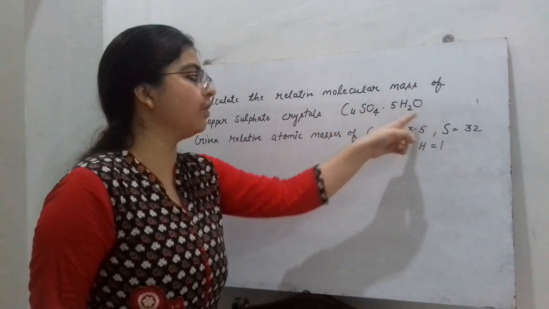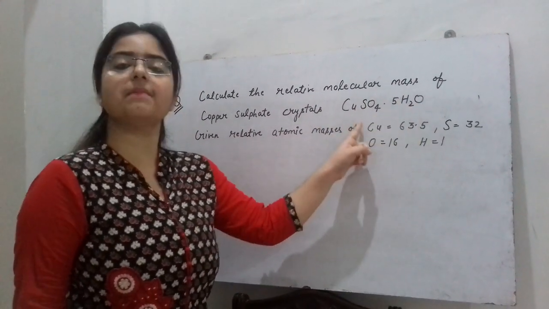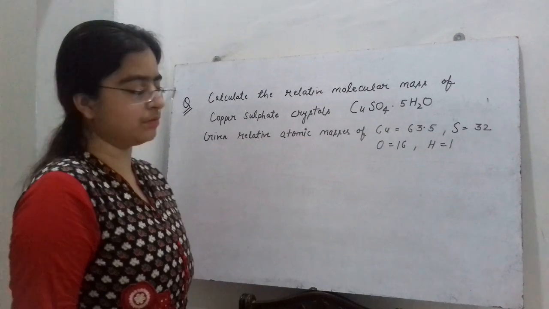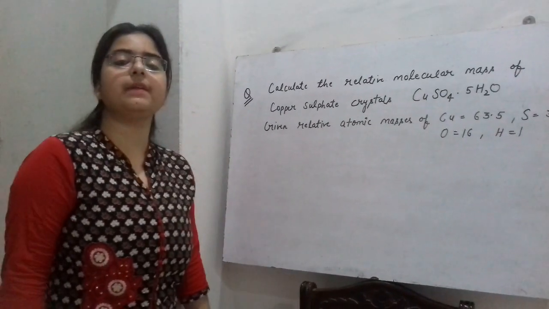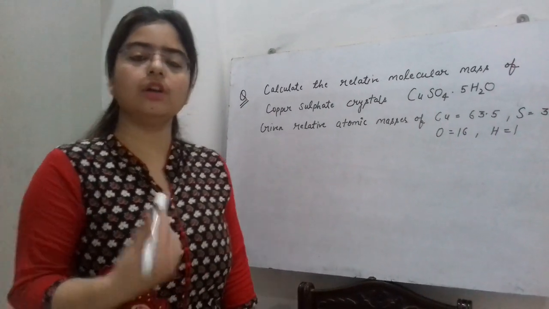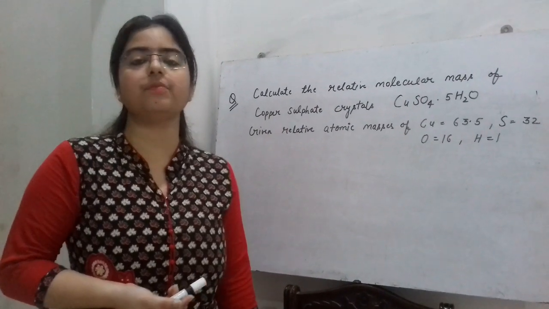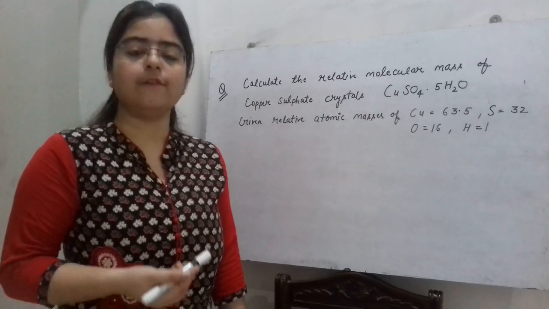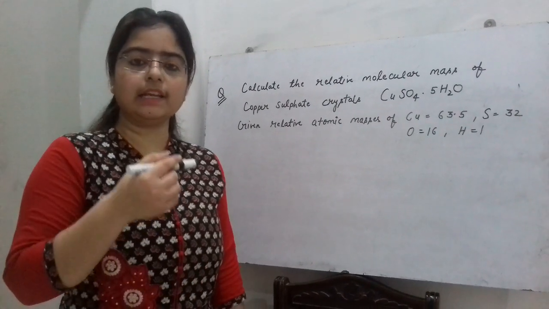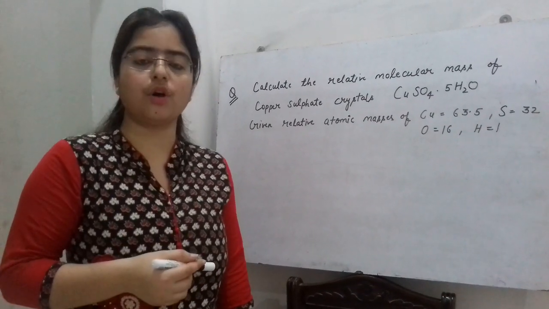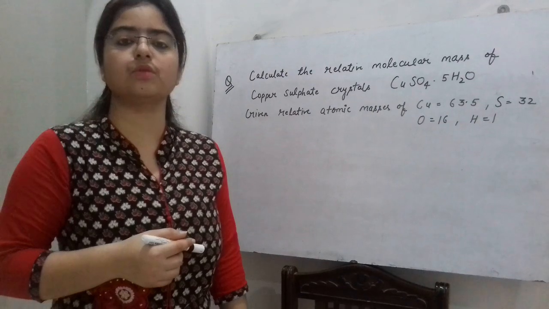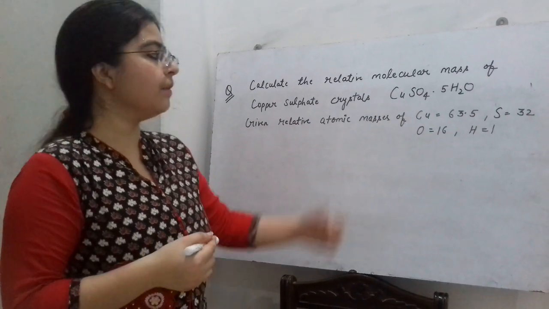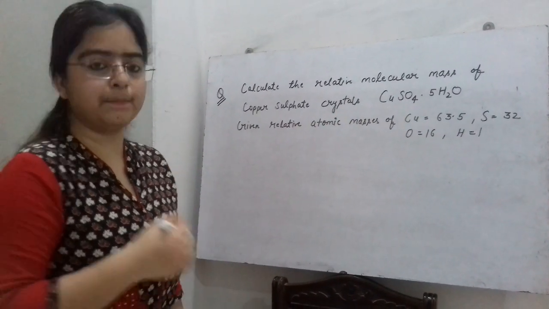Now we have to calculate the relative molecular mass of the given compound. As I have told you in the previous video, in order to calculate the relative molecular mass of any particular compound, we have to add the relative atomic mass of different atoms which are present in the molecule of that compound.